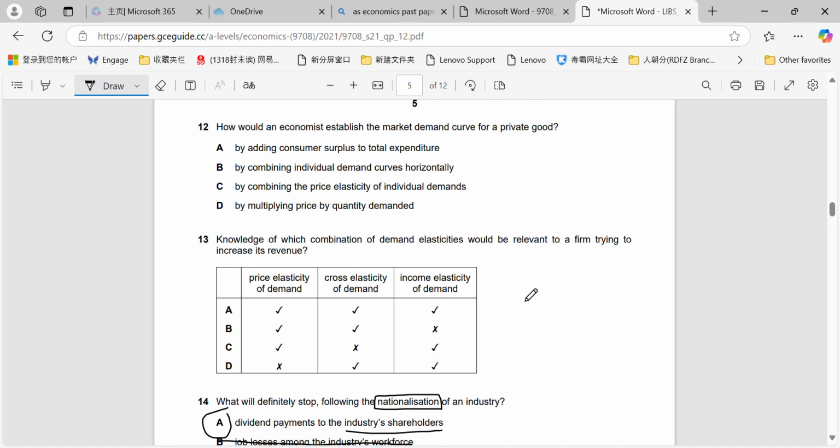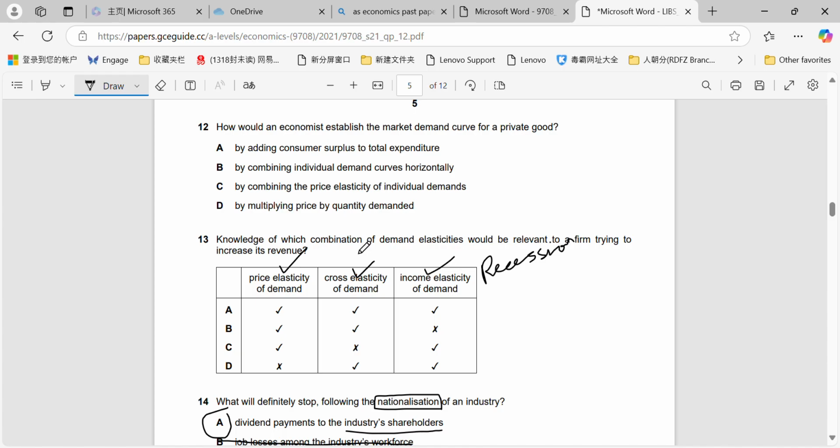Which combination of demand elasticities would be relevant to a firm trying to increase its revenue? Okay, very simple. Every one is relevant. PED is relevant, XED is relevant and YED is relevant. YED is relevant in determining, for example, what they should make during a period like a recession.